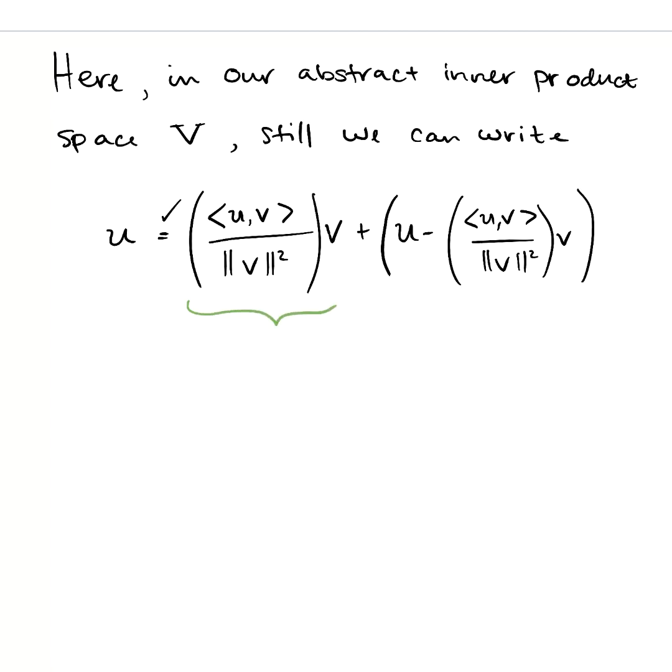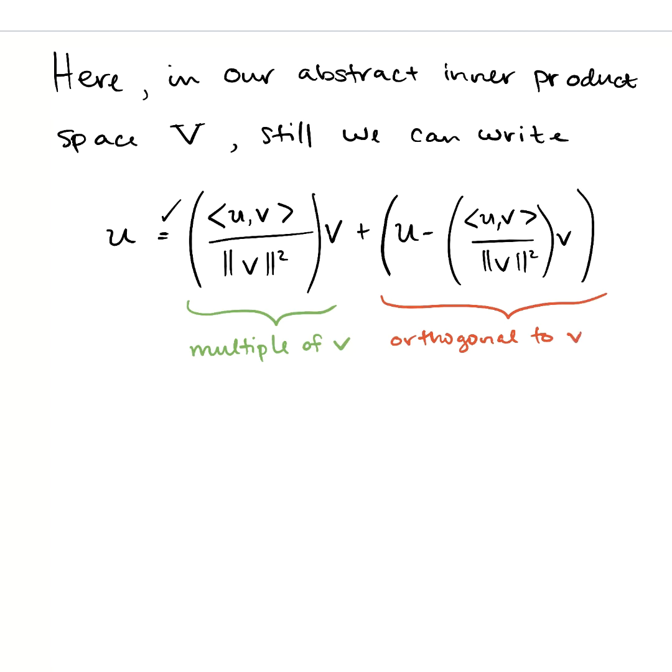There's this piece, which is a multiple of v, and there's this piece, which is orthogonal to v, where orthogonal means what we said it means.